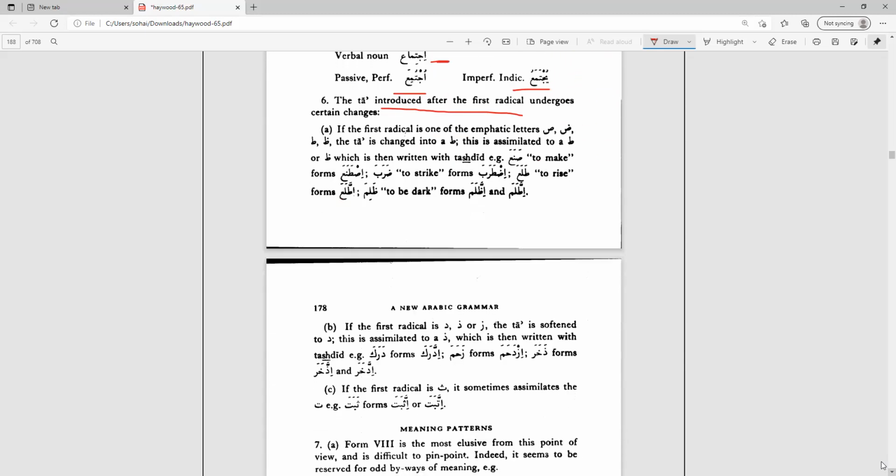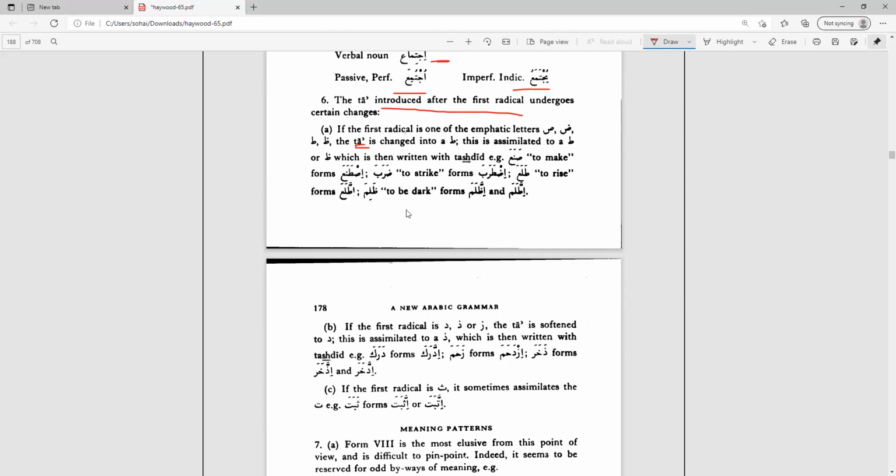This is more like tajweed and how the Arabic is pronounced, really. If the first radical is one of the emphatic letters, which are these four, sad, dad, ta, za, the ta is changed into ta. It is assimilated to a ta or dha, which is then written with a tashdid.